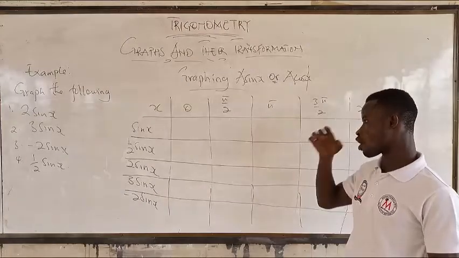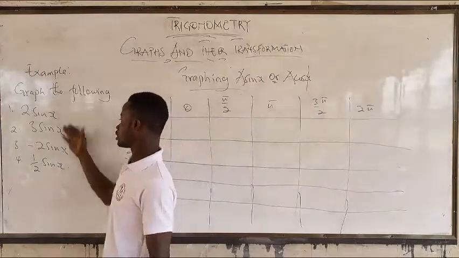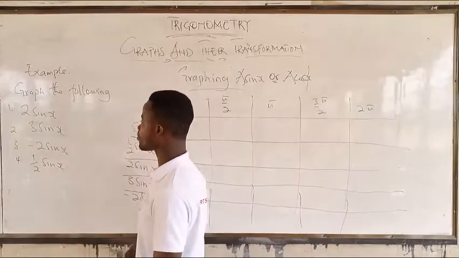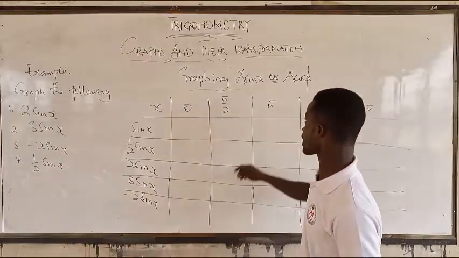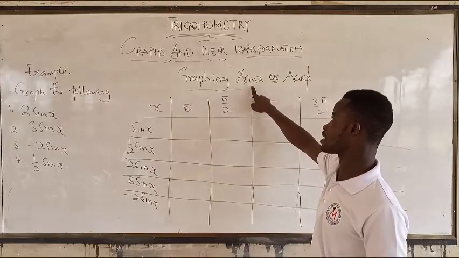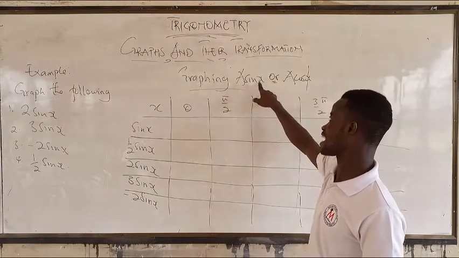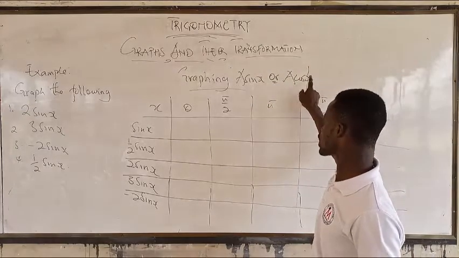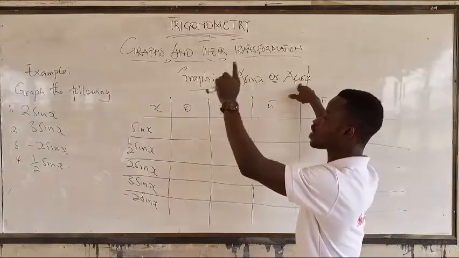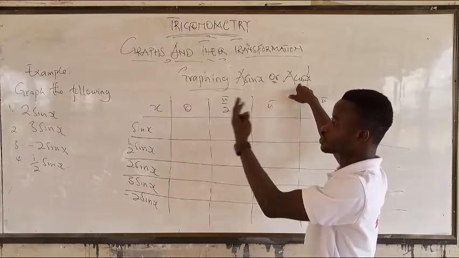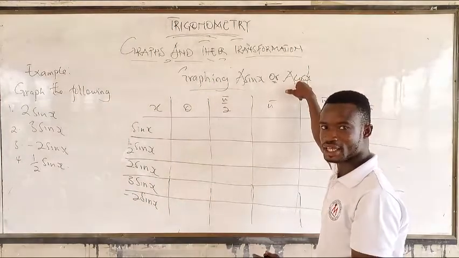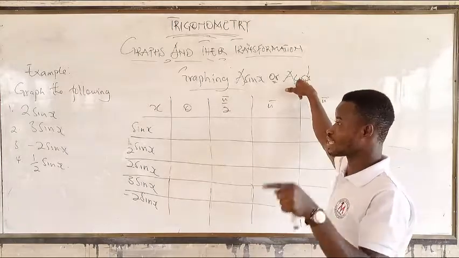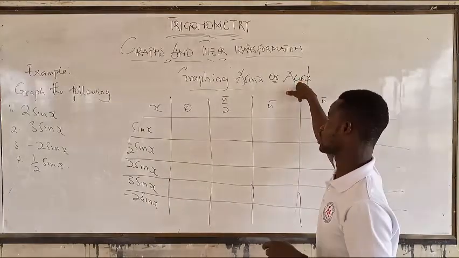First of all, we can see that all four questions involve sine. Don't forget we are graphing in the form a sine x. It's the same for cos, so you can even change all the sine to cos. I'll give you that as an assignment.